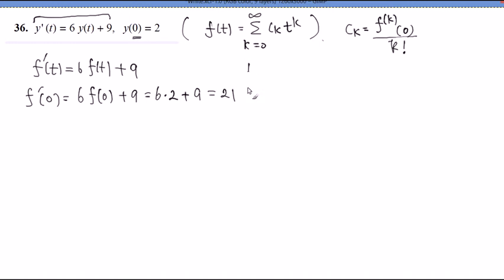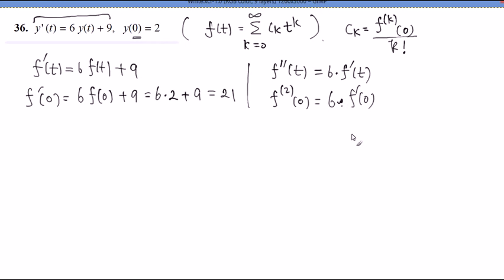So if you differentiate one more time, then the 9 disappears and you have 6 times f prime of t. So once you know f prime, you can calculate f double prime just by multiplying by 6, correct? So we want f double prime at 0, and if you plug in there, 6 times f prime of 0. Make sense?